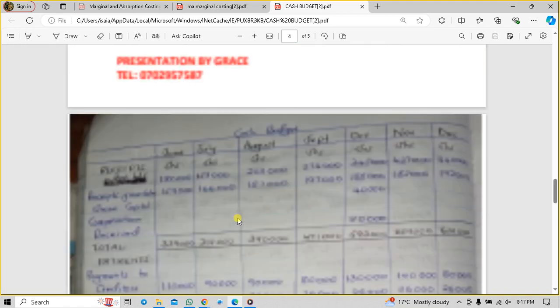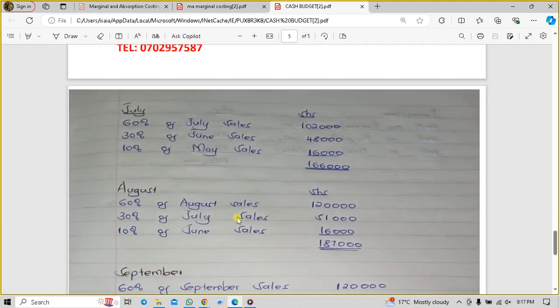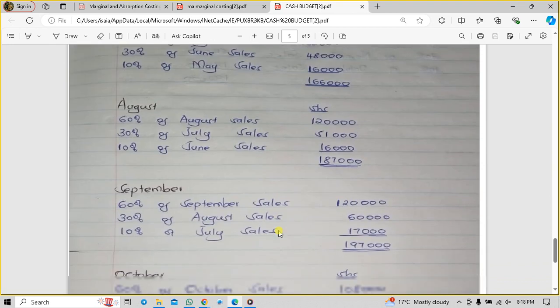So that is what you should be keen on. 60% of July sales, 30% of June, then 10% of May sales, then you add. Then August the same: 60% of August sales, 30% of July and 10% of June, then you add. September, 60% of September sales, 30% of August sales, then 10% of July, you add.